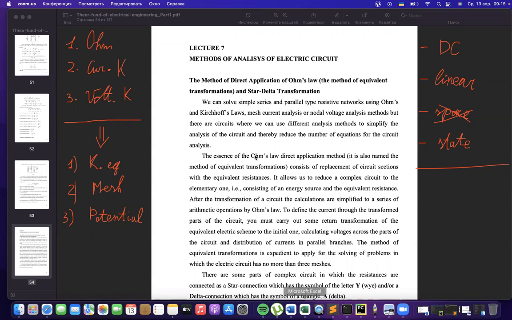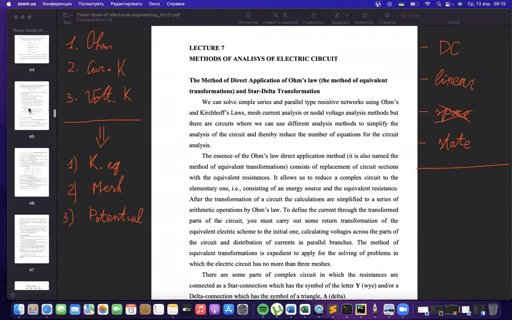Okay, for today, in which direction are we moving further? We have some transformation, some simplification.